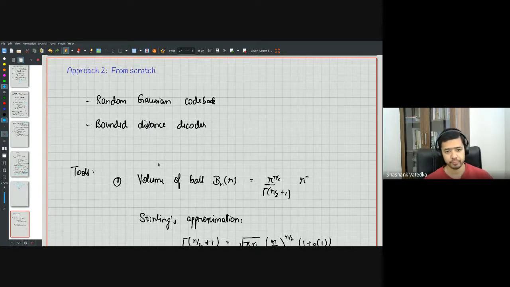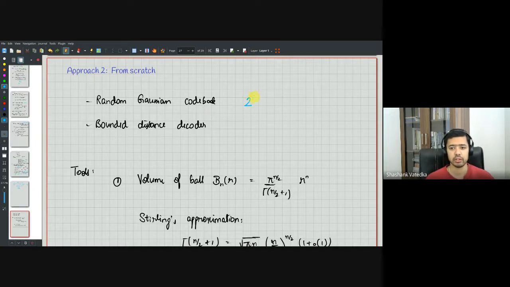All right. So the second approach to proving a channel coding theorem for the AWGN channel is the following. You start from scratch and try to mimic what you did for discrete memoryless channels, but deviate slightly. Similarly, just as we did for the discrete memoryless channels, we'll choose a random codebook.